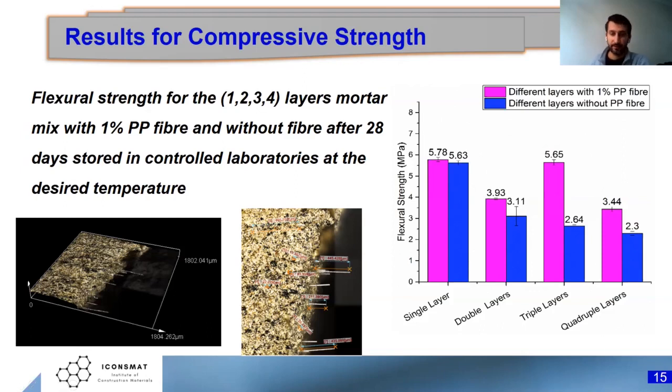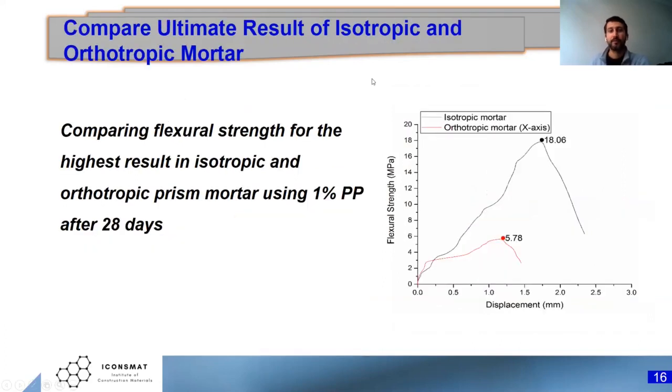inside the layer itself. This is usually due to the chemical compounds that you have been using, like whether you are using retarder or superplasticizer. Anyhow, this is a comparison between the isotropic mortar and the orthotropic mortar.